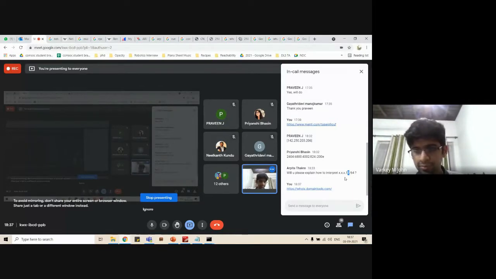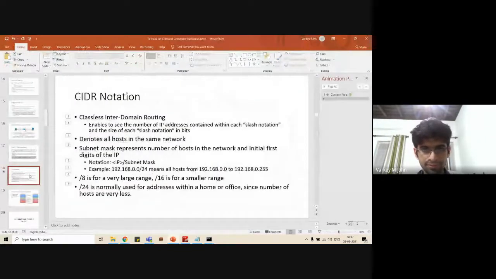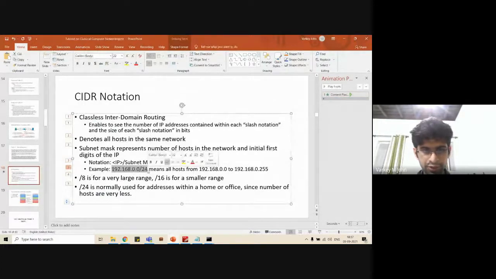I'll go back to that once again. In this example, 192.168.0.0/24 means that this network has this many hosts. If your device is showing this number, then you're in a network with this many hosts. In your case, /64 probably means maybe just around 10 hosts or something. So that many hosts will be there in your network.